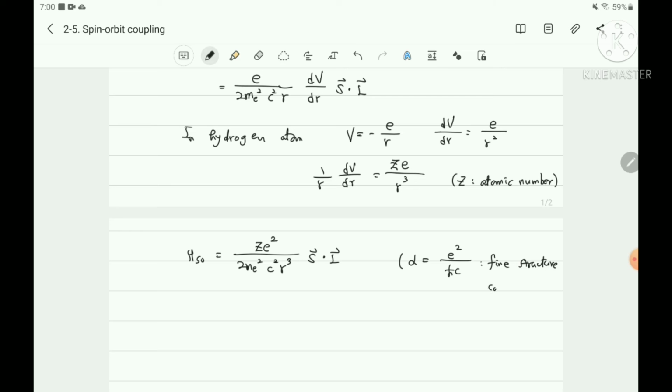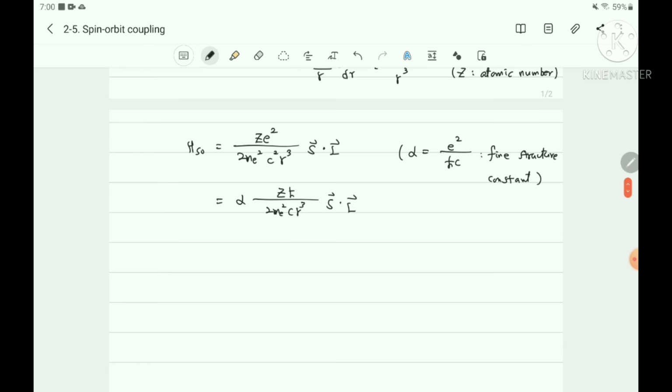Then it is alpha Z h bar over 2 m_e squared c r cubed, S dot L. This is the spin-orbit interaction.